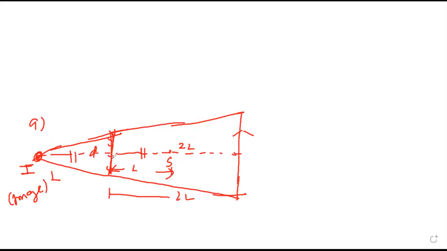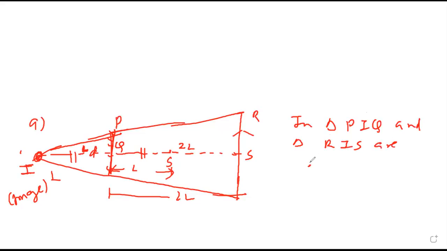Yes, sir. This triangle is similar. When two triangles are similar, what is our formula? Corresponding sides are proportional. So if I call this P, Q, R, S, can you see triangle PIQ and triangle RIS are similar triangles?